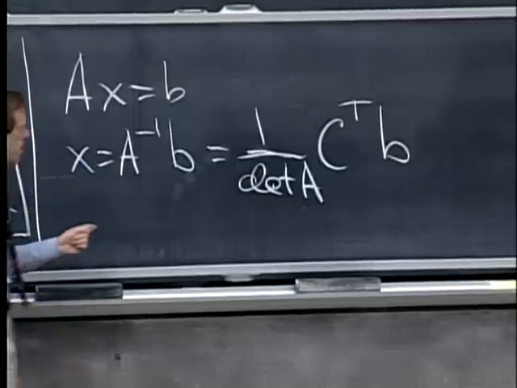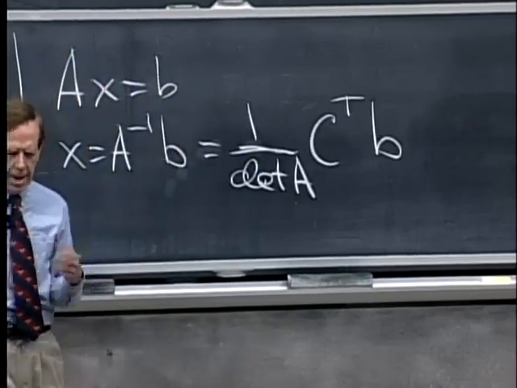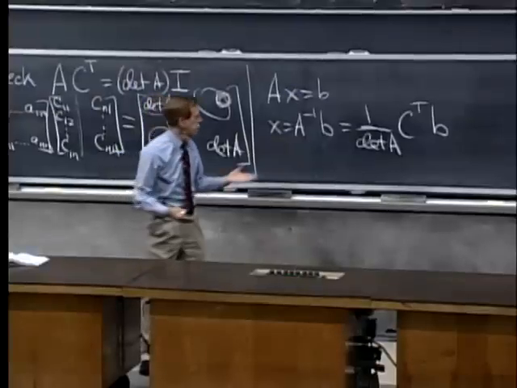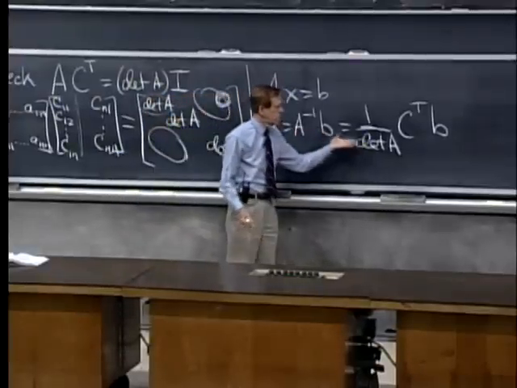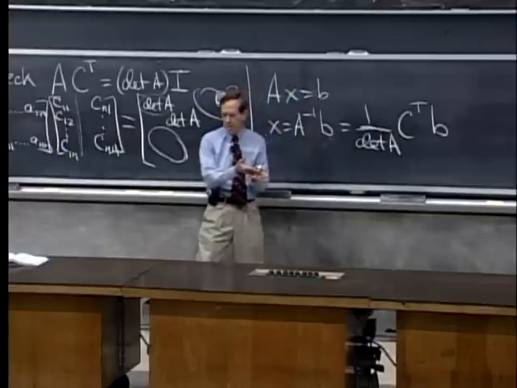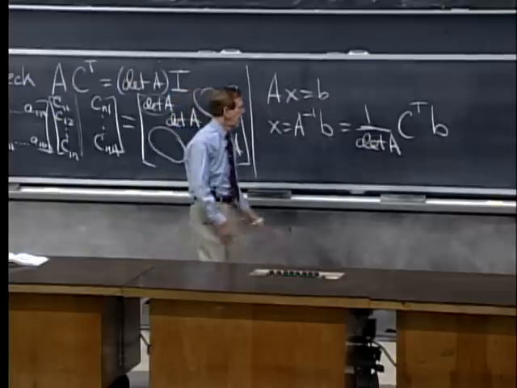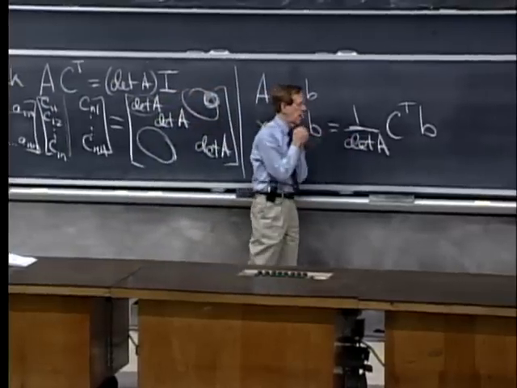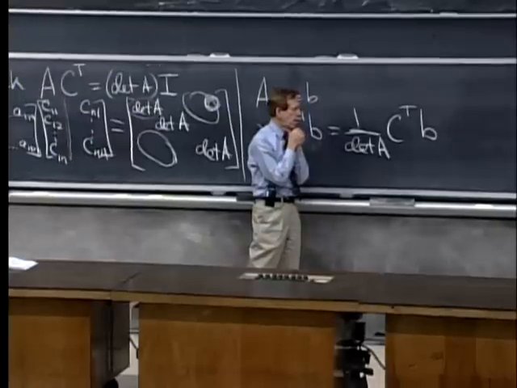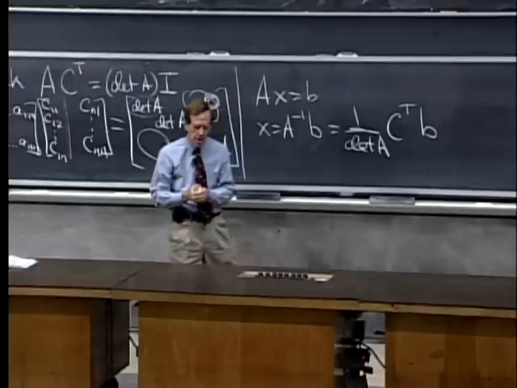So now I just have to say, what have I got here? Is there any way to make this formula, this answer, which is the one and only answer? It's the very same answer we got on the first day of the class by elimination. Now I've got a formula for the answer. Can I play with it further to see what's going on?